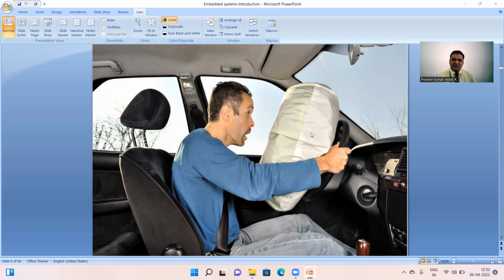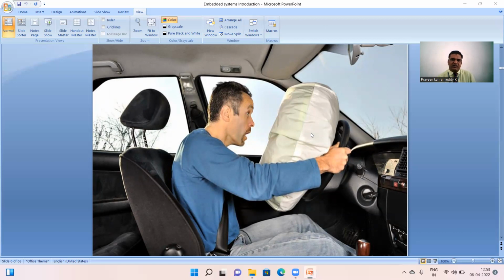This entire process has to be completed in a fraction of a second, because an accident or collision happens in a very short time. Everything goes off in fractions of a second. So this is a very crucial and critical life-saving system inside the car, which has to complete its action in a fraction of a second.